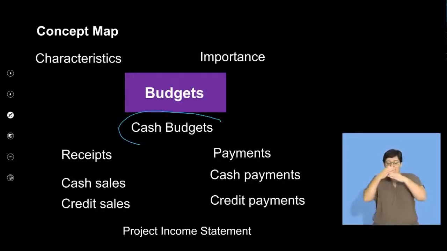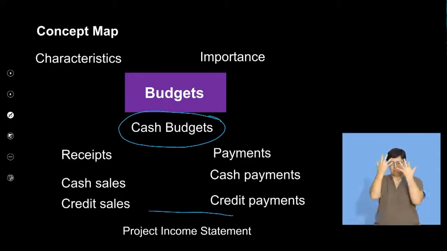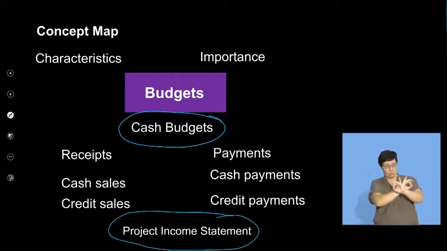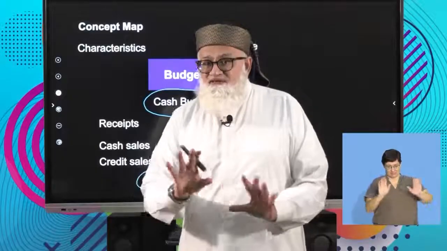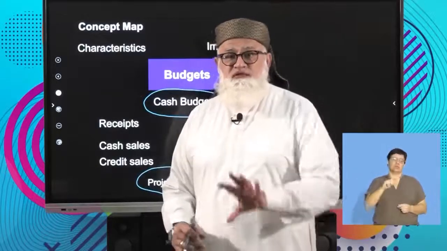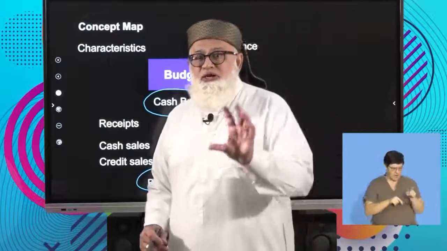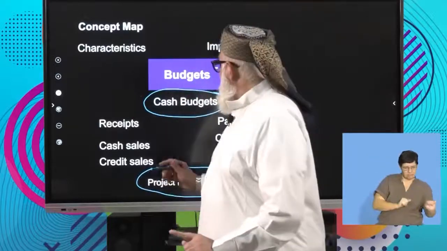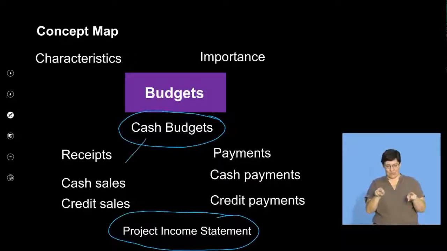The question focused on the cash budget and the projected income statement. In other words, you had to clearly identify, although the question was asked in the form of true and false, whether the item would appear in my cash budget or whether it would appear in my projected income statement.